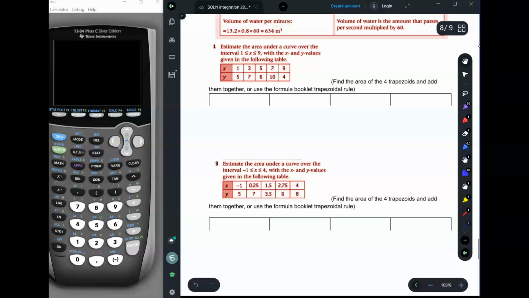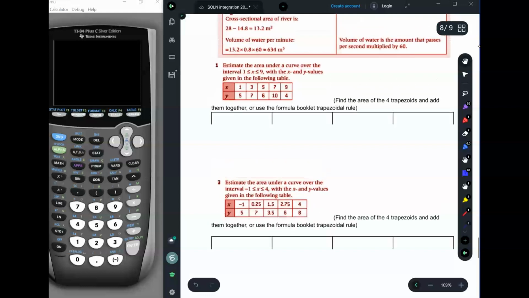So here we have a function, a curve, and they give us some xy coordinate pairs. And the xy coordinate pairs are (1, 5), (3, 7), (5, 6), (7, 10), and (9, 4). And then they want us to estimate the area under the curve. We're going to cut it up into 4 trapezoids. Okay? So basically, the x values are 1, 3.